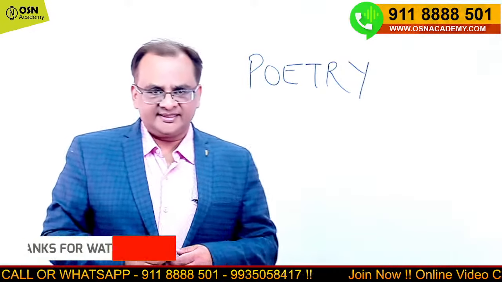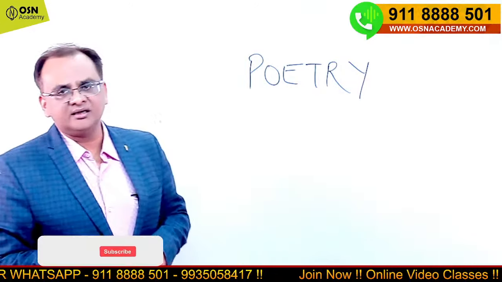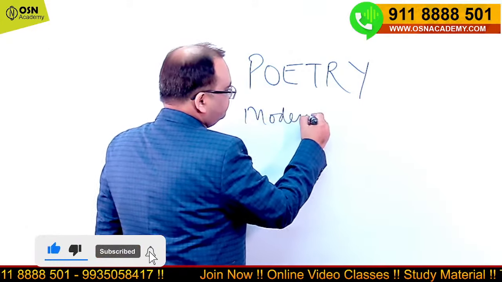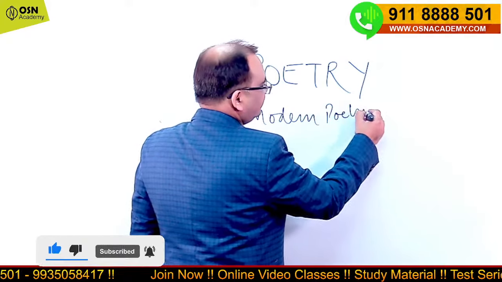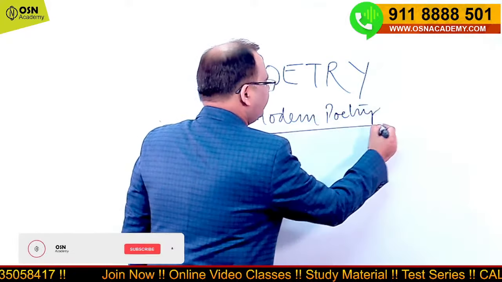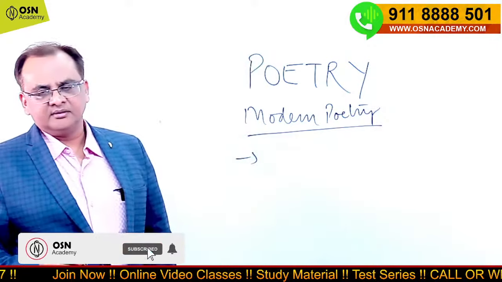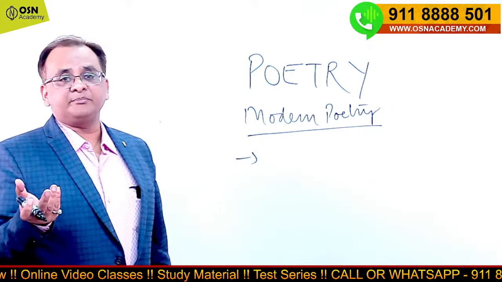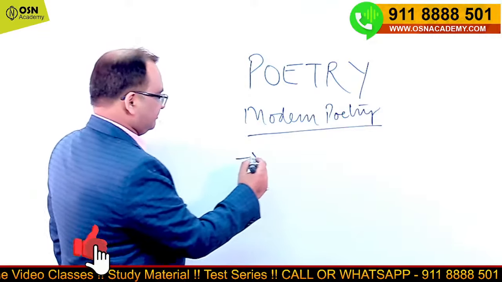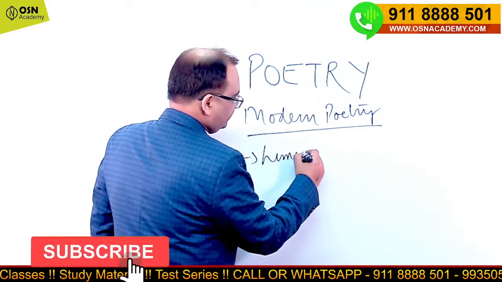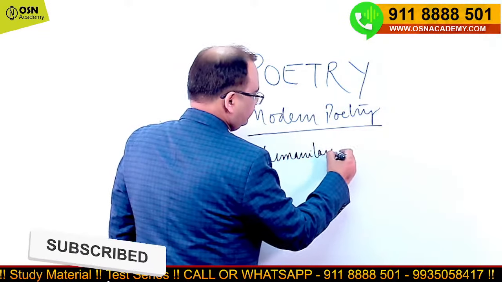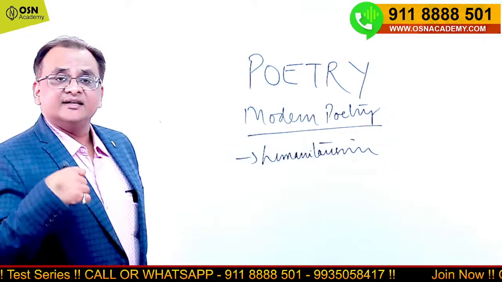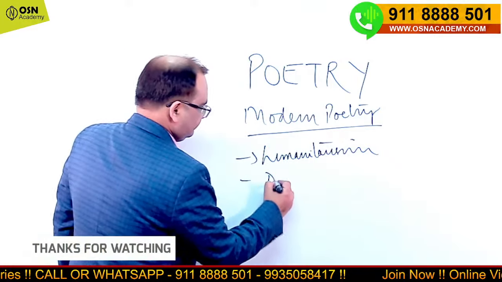Modern poetry is marked, अगर हम यहाँ लिखते हैं modern poetry for example, ये जो modern poetry है is marked with a note of humanitarianism. पहले लिखिए humanitarianism. And democratic feeling.